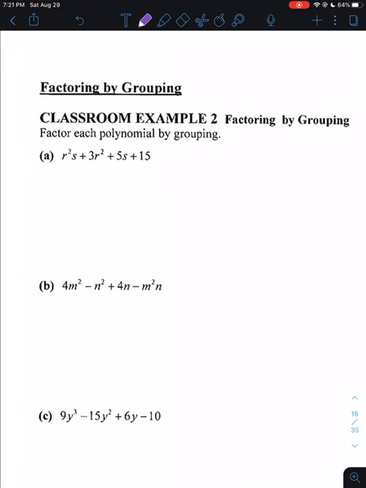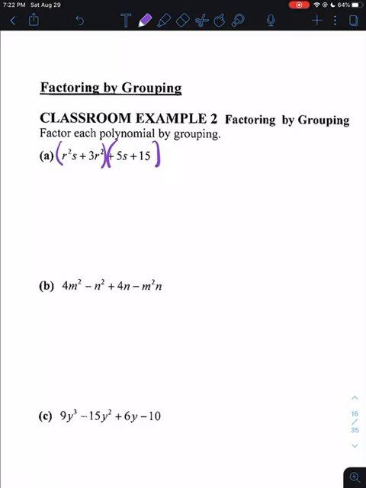So for my first example, part A, I'm going to put a parentheses around this r squared s and this 3r squared. Then when I get to the second part, I'm going to put a parentheses around the positive 5s plus 15. Then you have to find the greatest common factor for each parentheses.